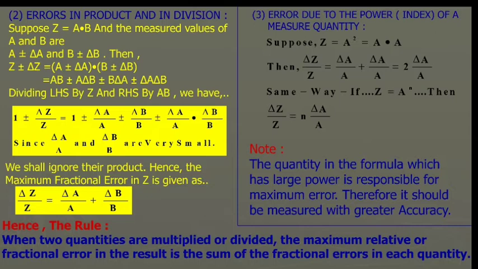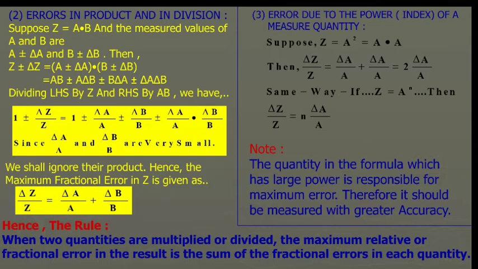Since delta A upon A and delta B upon B are very small, we shall ignore their product. Hence the maximum fractional error in Z is given as delta Z upon Z is equal to delta A upon A plus delta B upon B. This is the same applicable for division also.